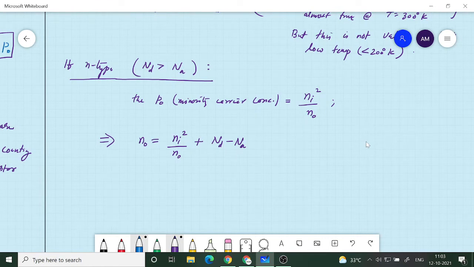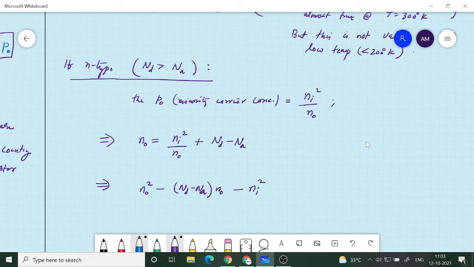Multiplying with N0 everywhere, I get a quadratic equation, which is N0 square minus (Nd minus Na) into N0 minus Ni square.